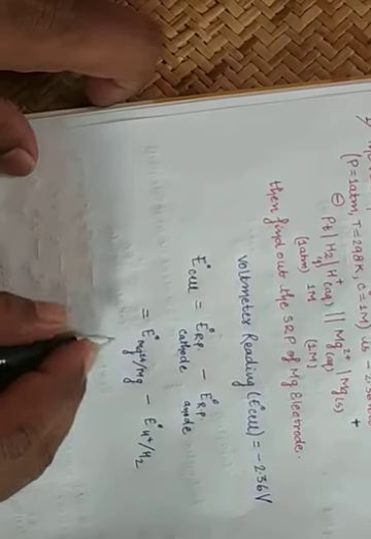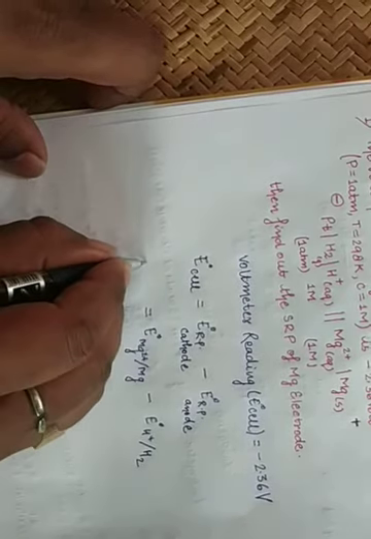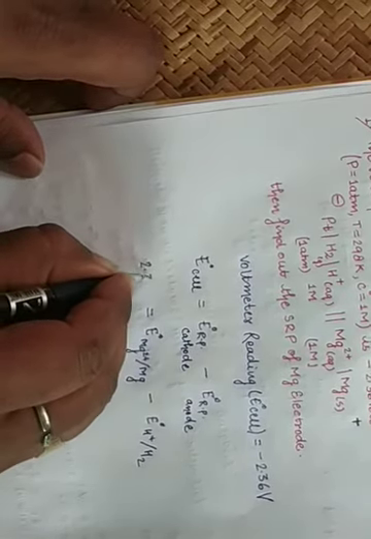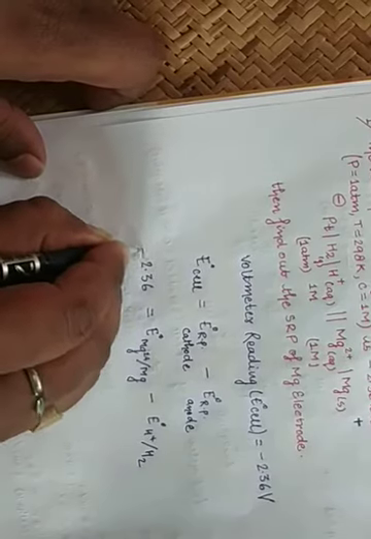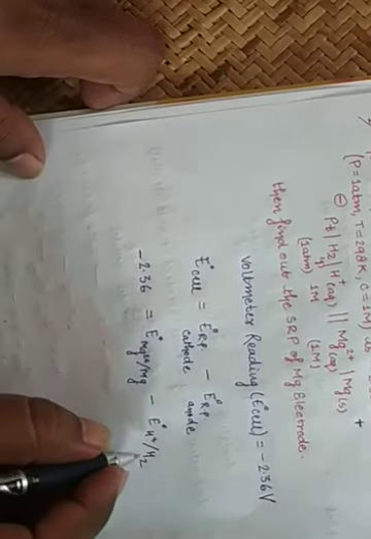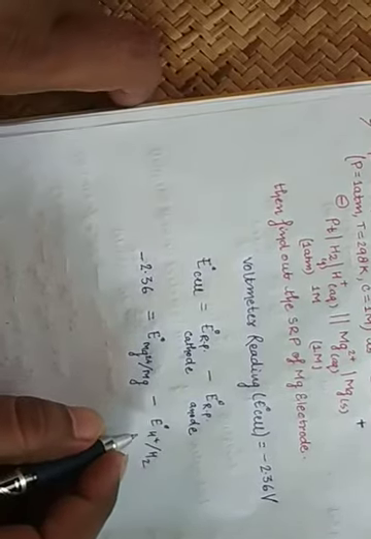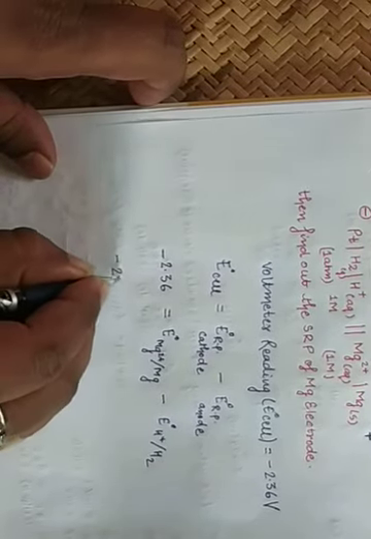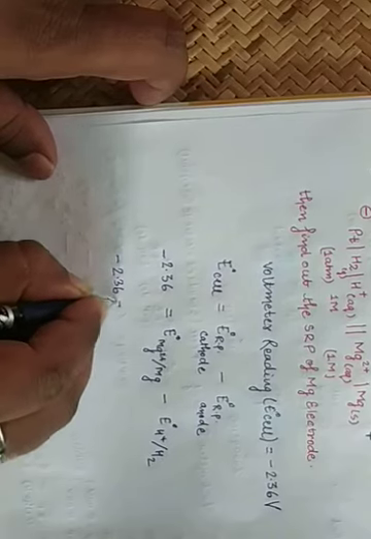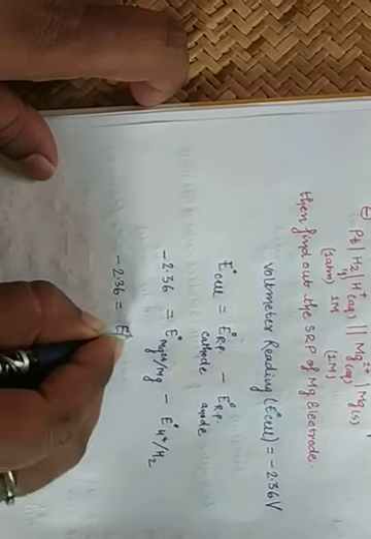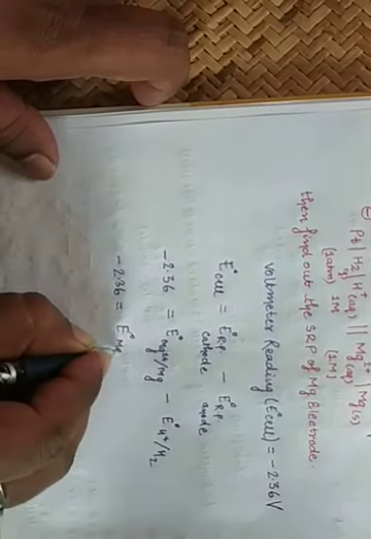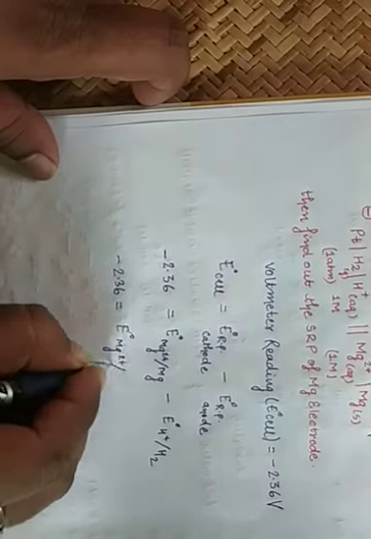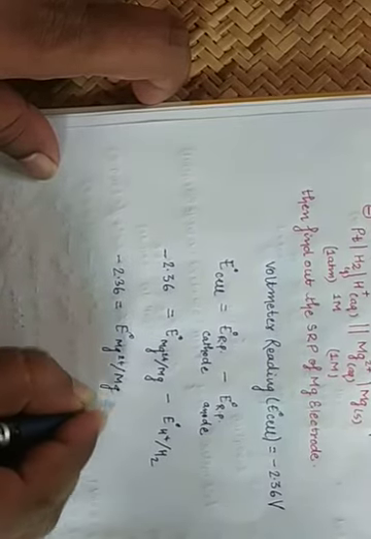Don't get confused. Okay, now there is a value, what is it? 2.36 negative value, and you know the standard reduction potential of hydrogen is 0. So minus 2.36 is equal to E naught Mg 2 plus electrode Mg, and you know this value is 0.